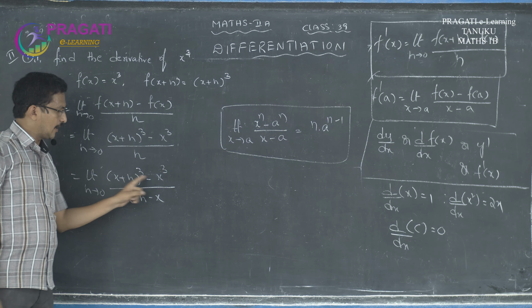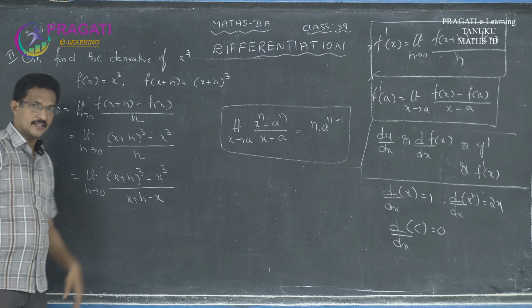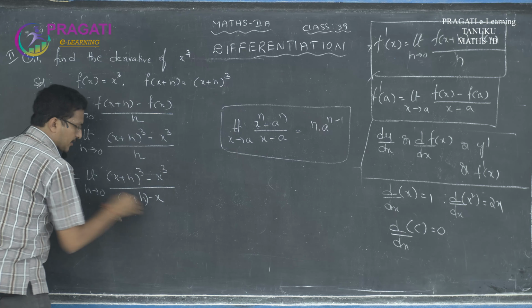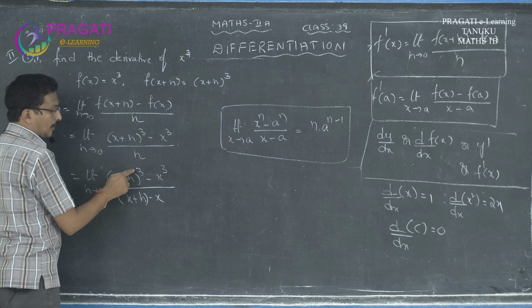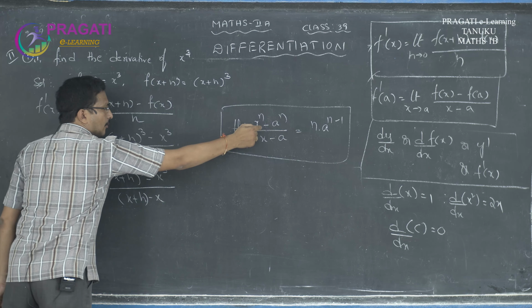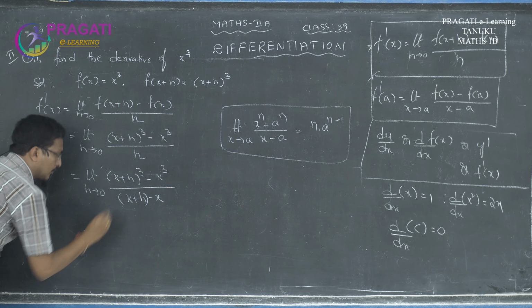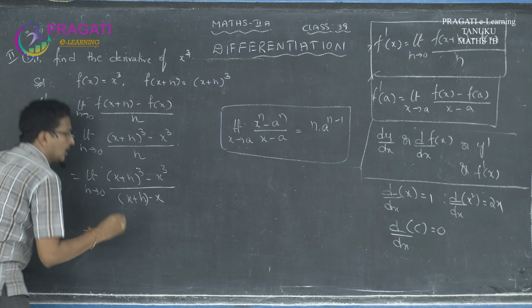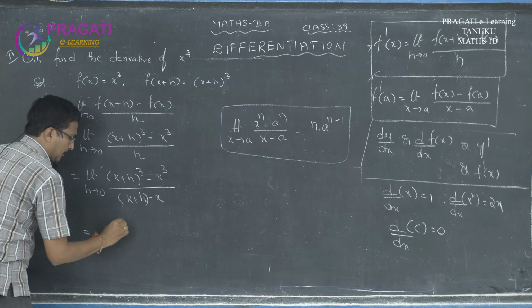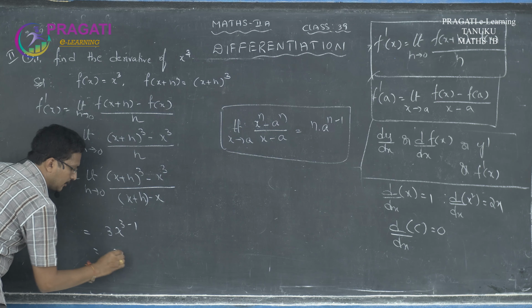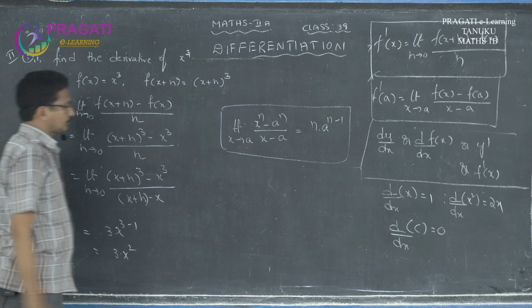Here numerator is same and the denominator is add x and minus x. Here it is the first term. We observe that it is the formula x power n minus a power n by x minus a. Here it is the formula. The formula is n into, here n means 3, into a means x, power n minus 1, 3 minus 1. That is 3 into x square.